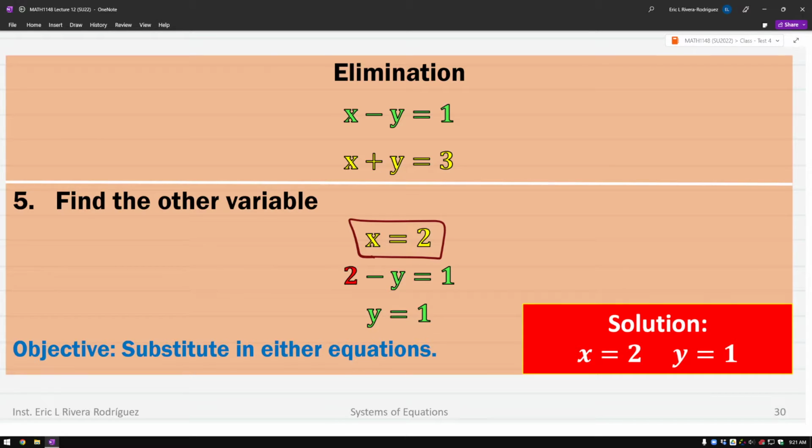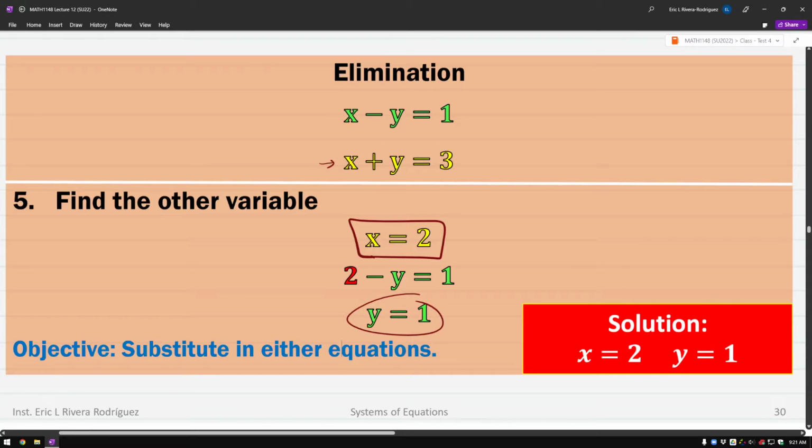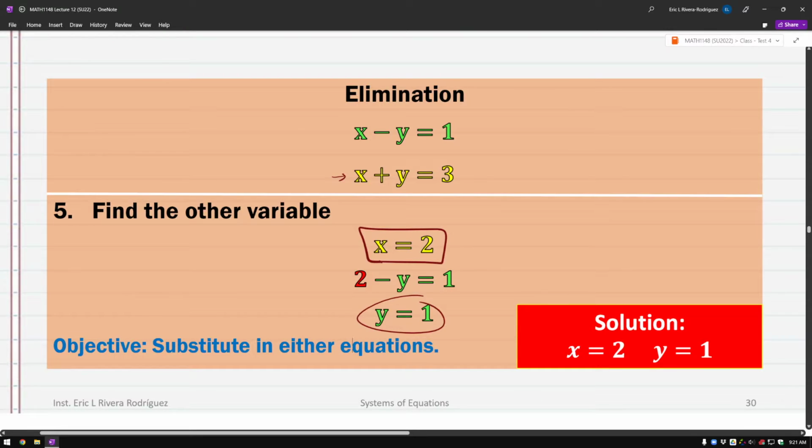So if we plug x into the yellow one, we are going to find out that y is 1, or x into the green one, again, we are going to find out that y is 1, and that is the solution. Any question?